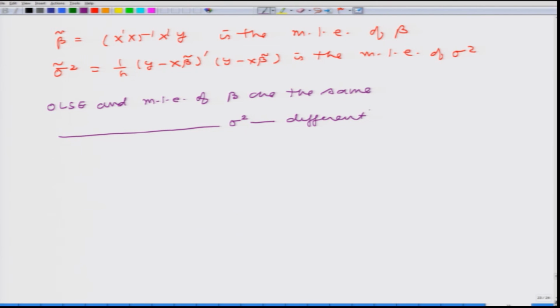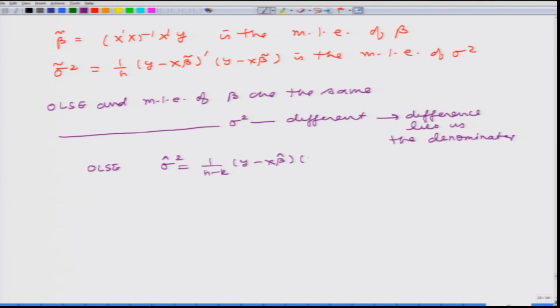The difference lies in the denominator. In the case of the ordinary least square estimator, we had seen that the denominator was n minus k, with 1 over n minus k times (y minus X beta hat) transpose (y minus X beta hat).